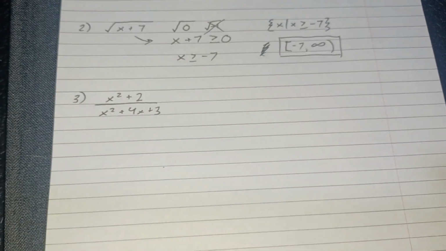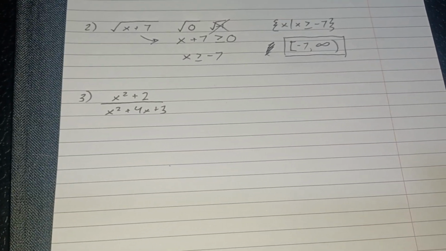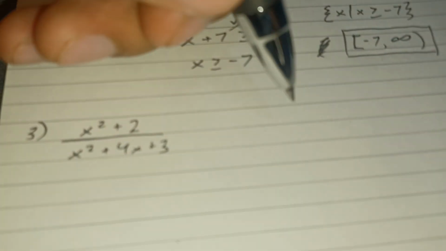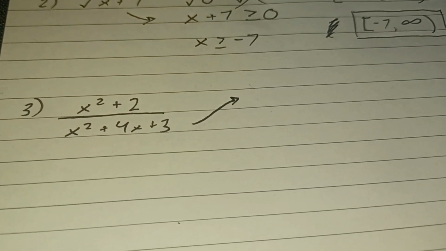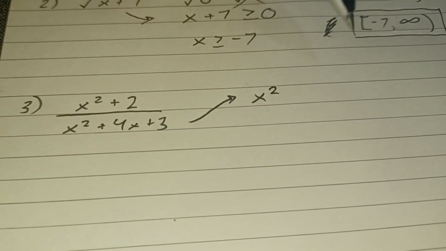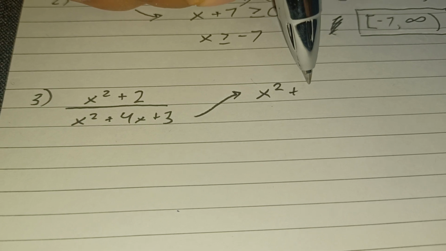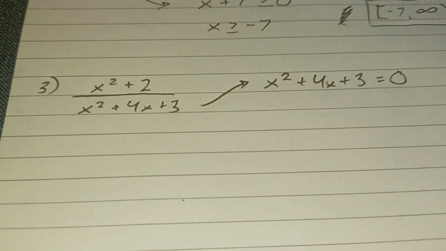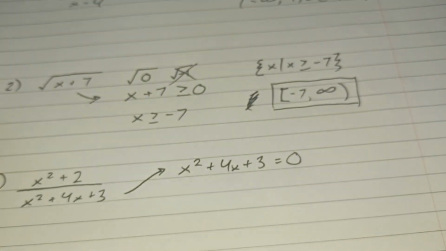Which is x squared plus 2 divided by x squared plus 4x plus 3. We can obviously set the denominator x squared plus 4x plus 3 equal to 0. And then we just factor this out.